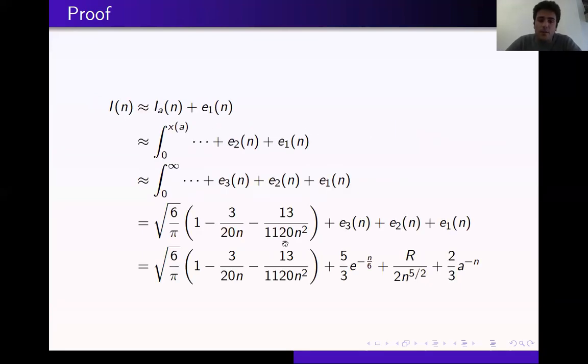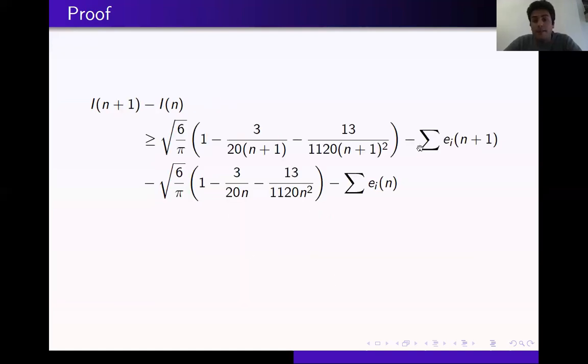You see? This part evaluated at n plus 1. And the worst case possible for the lower bound is subtracting the sum of all the error terms evaluated at n plus 1. And then for the minus I of n, we write the main part evaluated at n, and then we subtract again all the error terms evaluated at n.